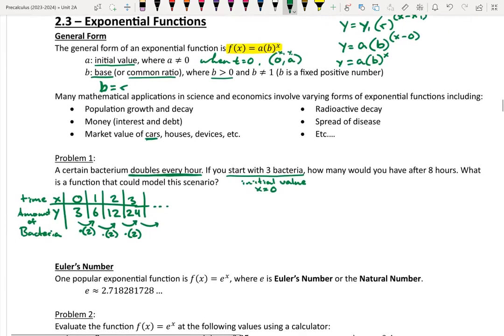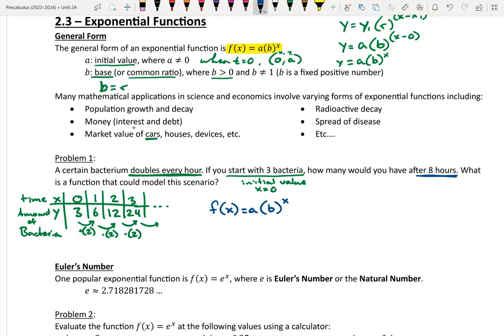So they ask, how many would you have after 8 hours? We could continue with this table that we have here, and we could extend it all the way to 8 hours, which actually wouldn't take us that long, but we also have our exponential form here. So let's use that exponential form. f of x equals a times b to the x.